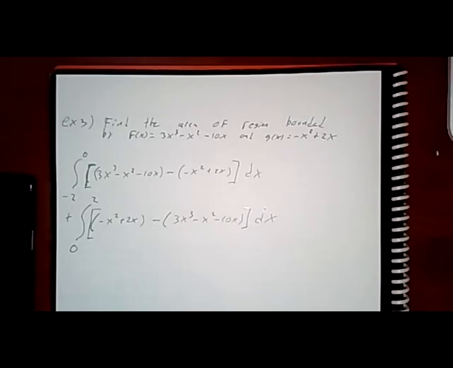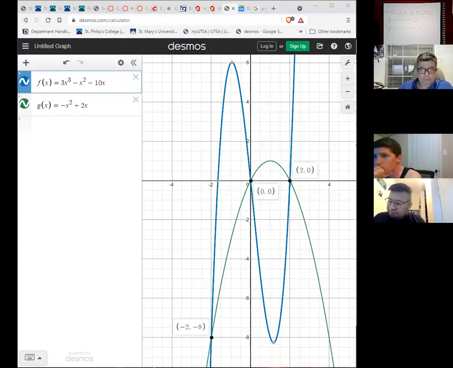Does that idea make sense? Do you see where all the bounds came from? All right, -2 till 0, 0 till 2.